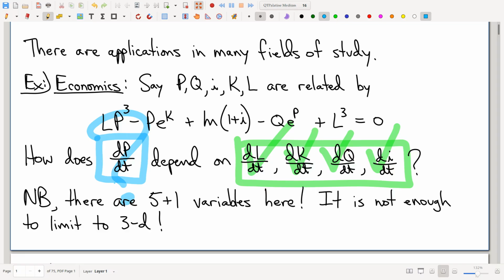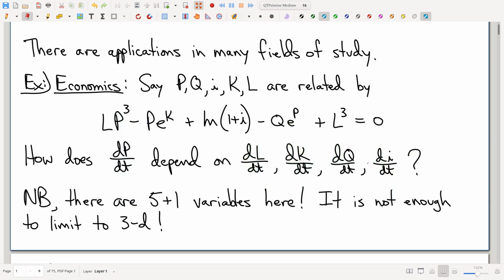How am I going to solve for the rate of change of P if I can't even solve for P? This is a very, very common problem to have to deal with in economics. And how do you do that? Well, multivariable calculus is going to be the answer. There's an idea called implicit differentiation and the implicit function theorem that addresses this question. So this is one of the things that we're going to be able to deal with thanks to studying multivariable.